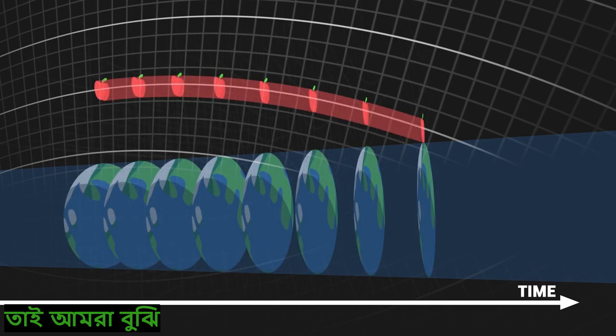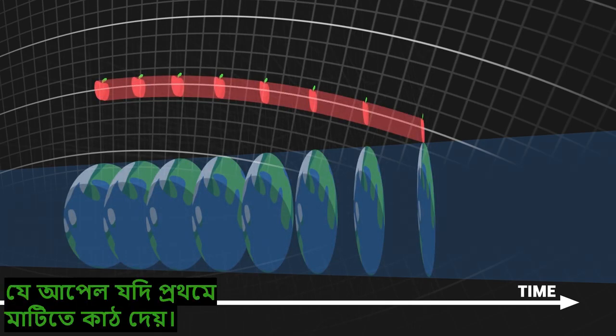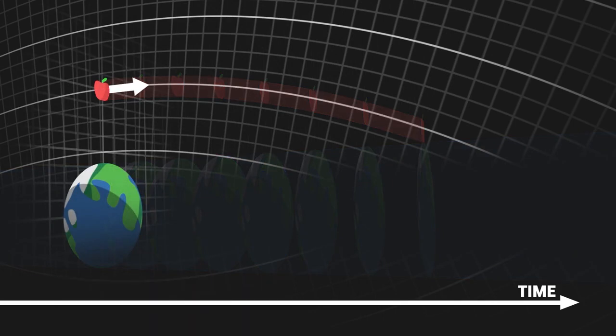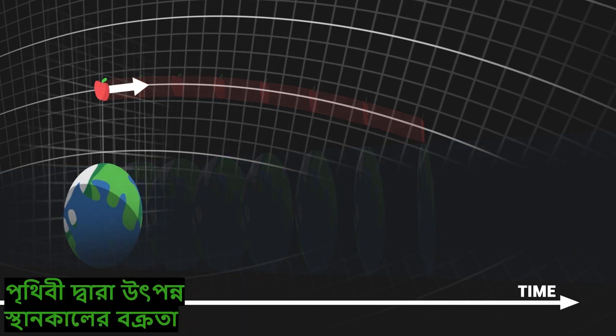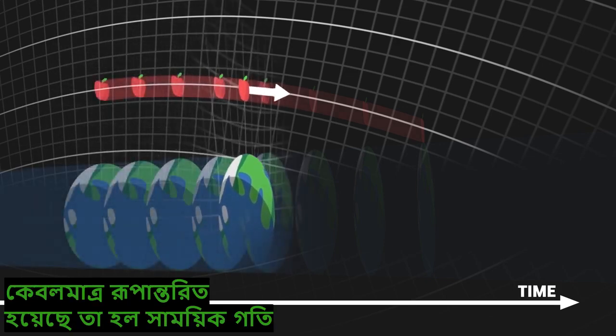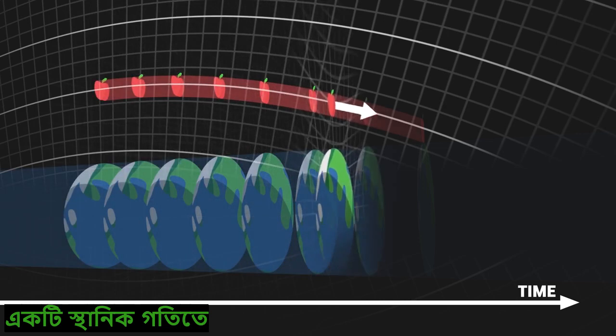We therefore understand that if the apple falls towards the ground, it is because it started with a speed through time. The curvature of space-time generated by the Earth has merely converted this temporal speed into a spatial speed.